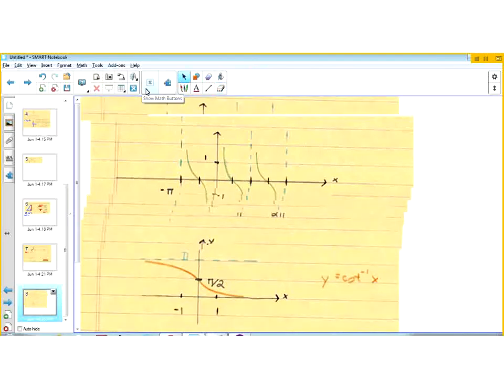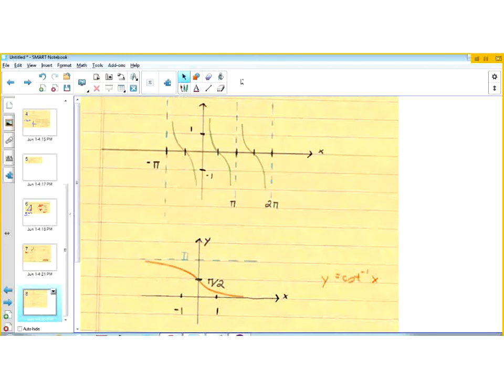So here is y equals cotangent x, sketched here. And we'll take as the principal part this branch right here between 0 and pi.